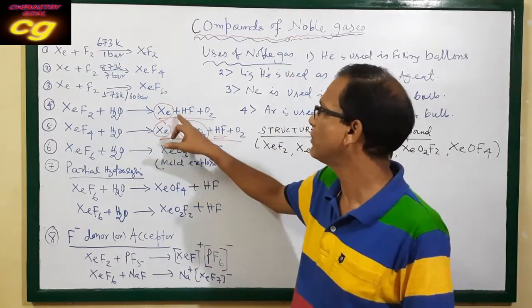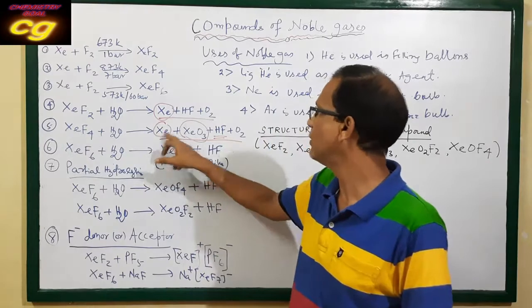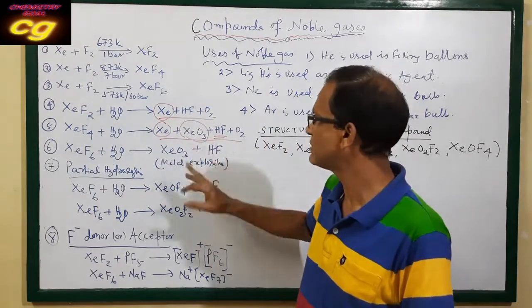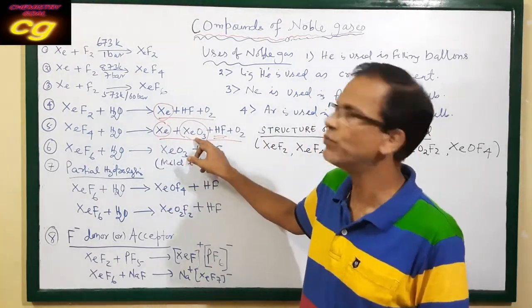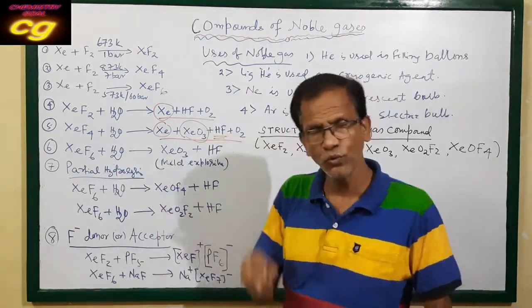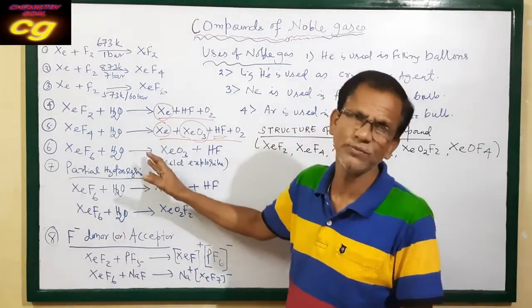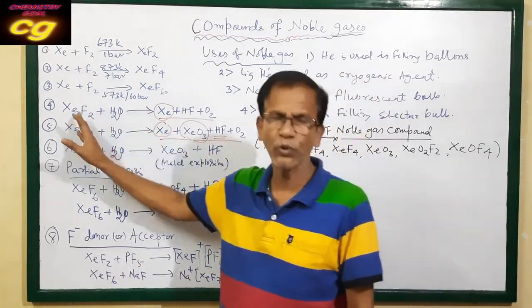So difluoride produces xenon, HF and oxygen; tetrafluoride produces xenon, HF and oxygen as well as xenon trioxide as the new product. But when hexafluoride undergoes hydrolysis, it produces only xenon trioxide and HF. So remember the difference between hydrolysis of the fluorides of xenon.